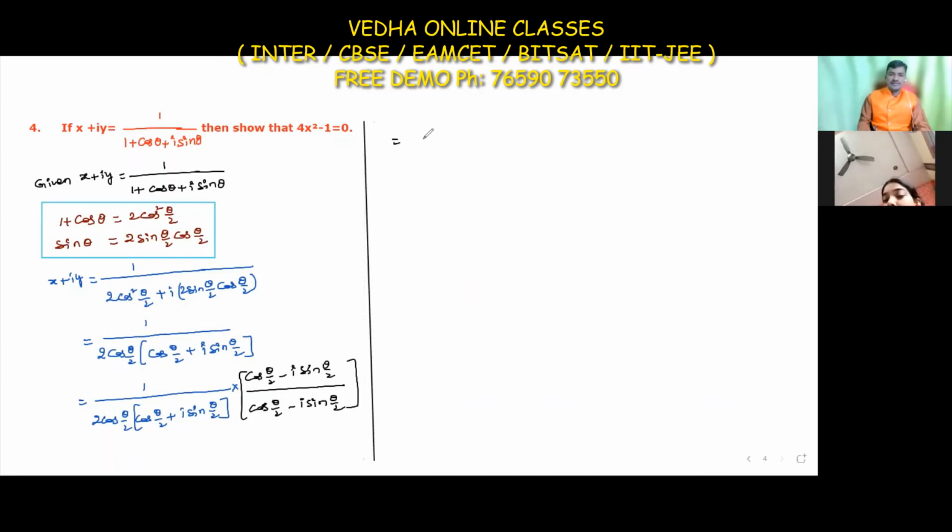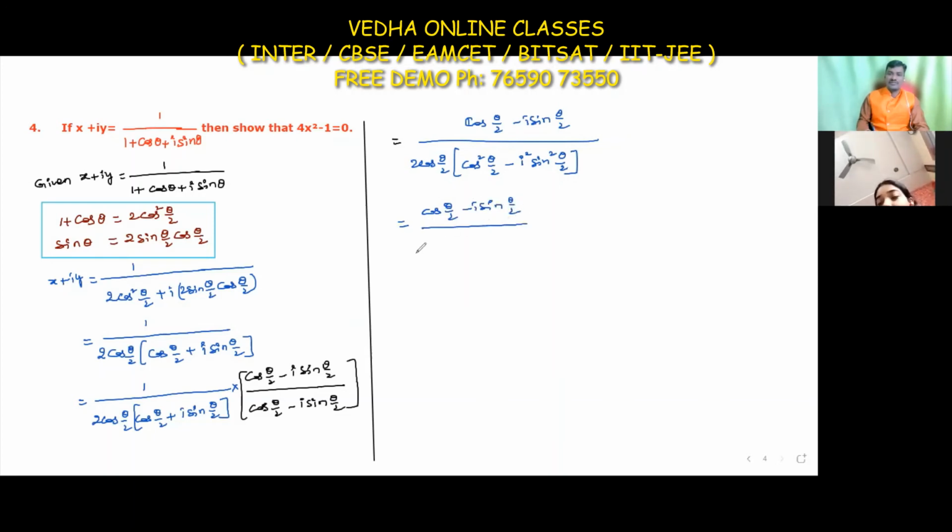Now the numerator is cos theta by 2 minus i sin theta by 2, divided by 2 cos theta by 2 into (a plus b)(a minus b) formula: cos square theta by 2 minus i square sin square theta by 2. Since i square is minus 1, minus minus becomes plus, so cos square theta by 2 plus sin square theta by 2.